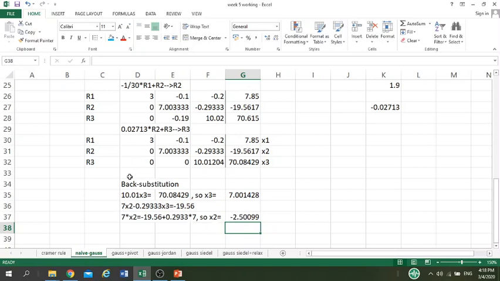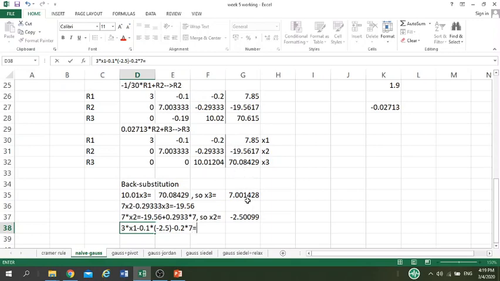Similarly for x1, look at this first row here, so we get 3x1, minus 0.1 x2, where x2 we just got negative 2.5, minus 0.2 times x3 which is 7. We got 7.85.